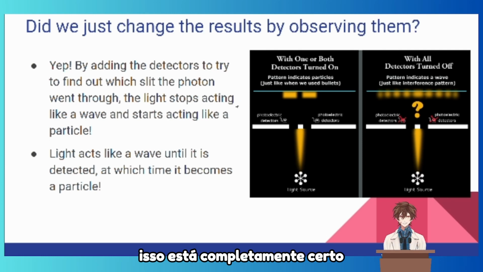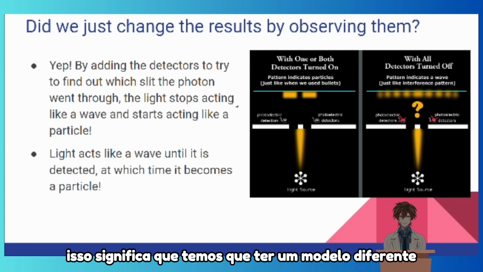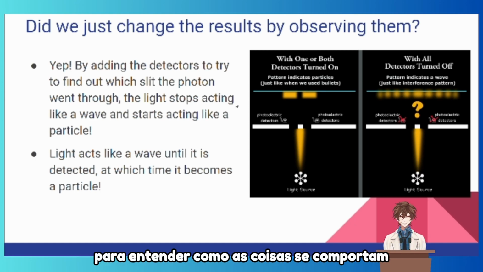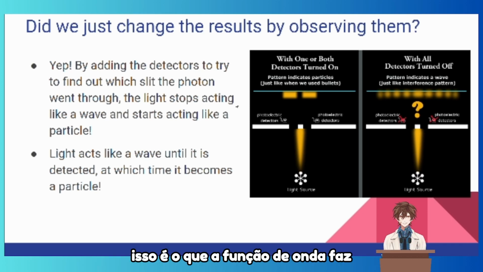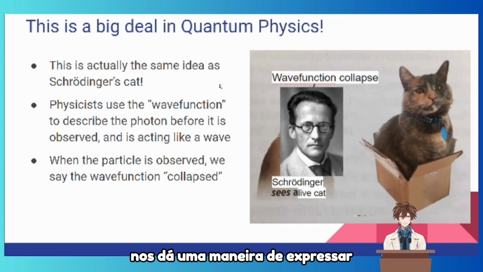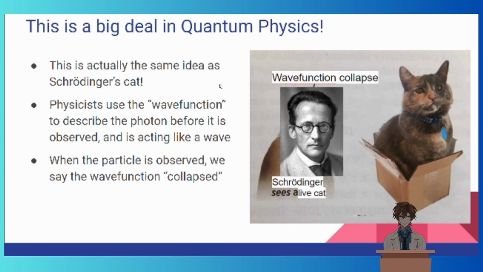That means that we have to have a different model to understand how things behave when they aren't interacting with something. And that's what the wave function does. The wave function gives us a way to express how these things are behaving before they interact with something. Interesting. Thank you, Cave.